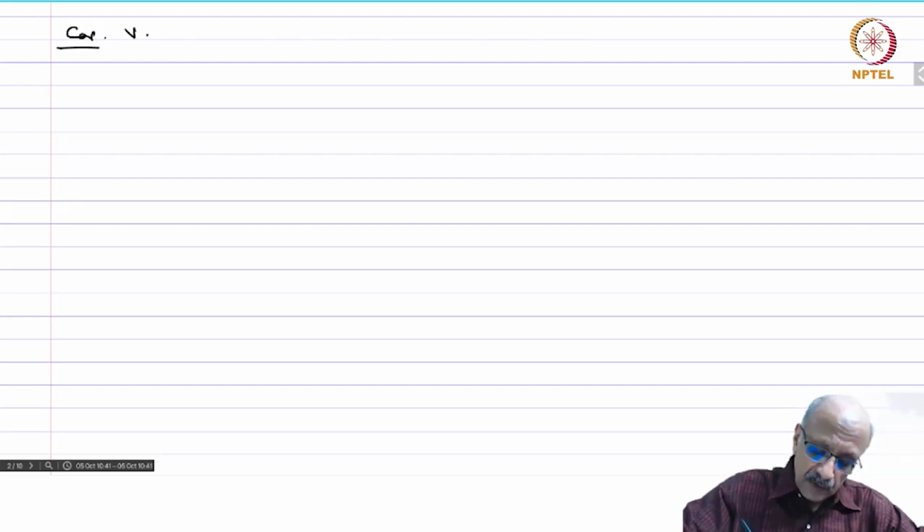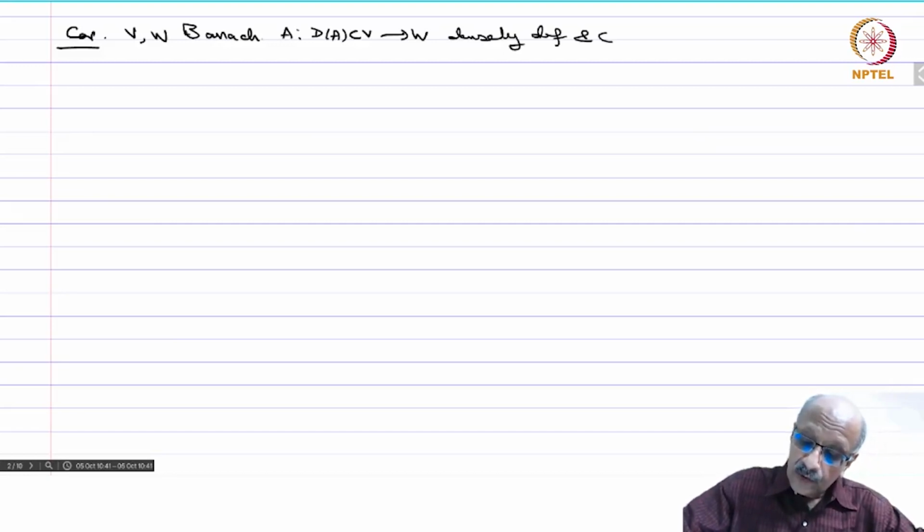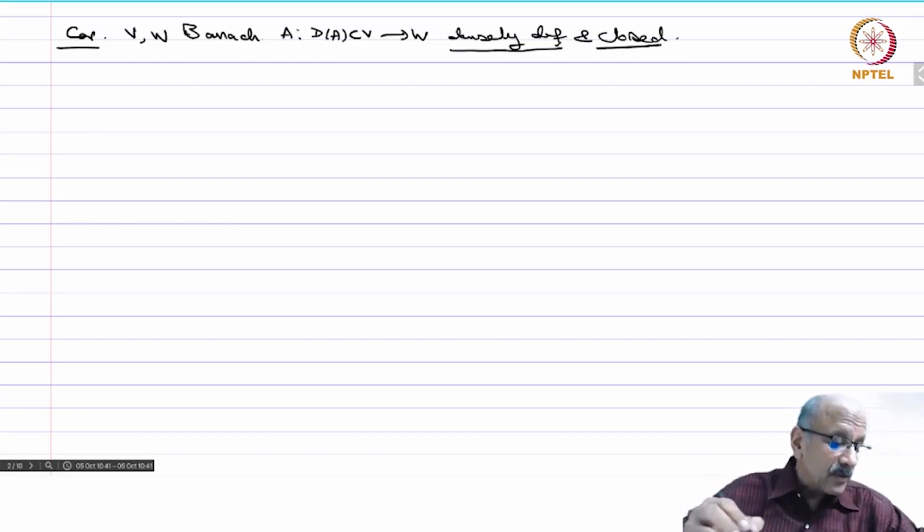So V and W Banach, and A from D of A contained in V taking values in W, densely defined and closed. So we are adding another hypothesis.